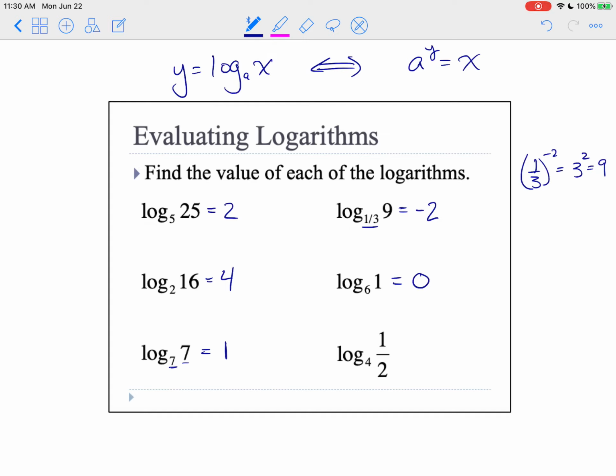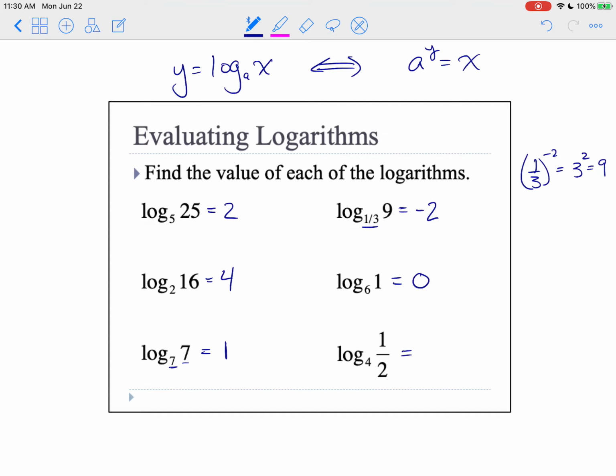And what would I raise 4 to get 1/2? This one's tricky, okay? It might help if I ask you, what would I raise 4 to get 2? And then hopefully that will help you get to the answer here.